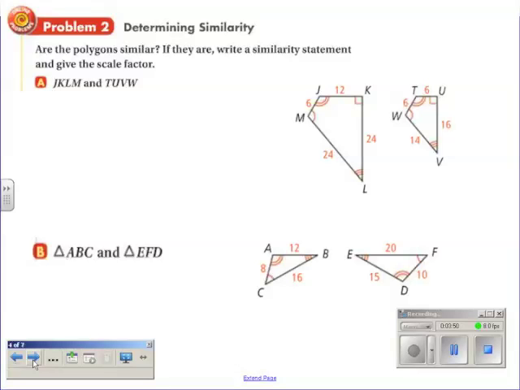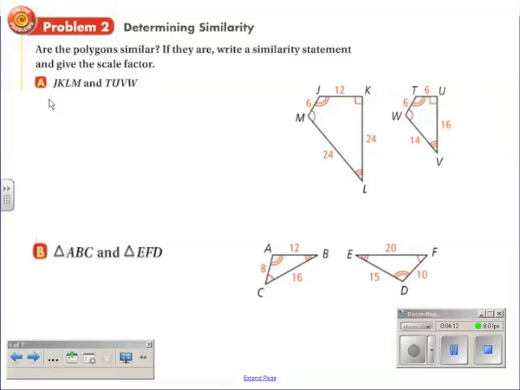Here is our next problem, problem 2. Now we're going to determine whether these two, in this case quadrilaterals for letter A, are in fact similar. So if we first focus on angles, you'll see that the four angles do in fact correspond to a congruent angle on the other one.